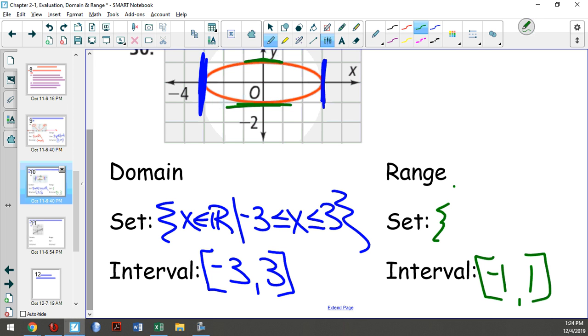It's okay. Range is Y, element of a real number such that -1 less than or equal to y, which is less than or equal to 1. Good job. Do we understand that? Okay? We good?